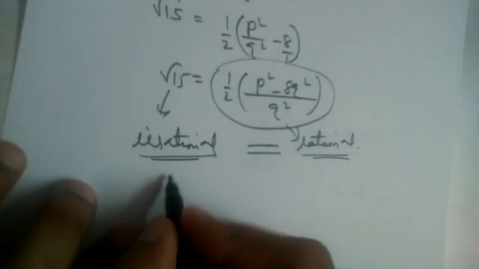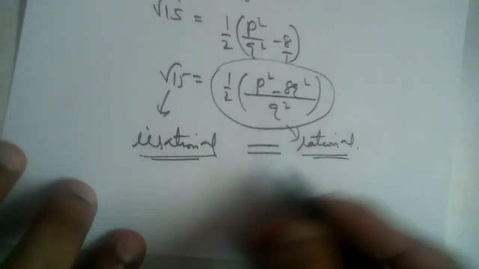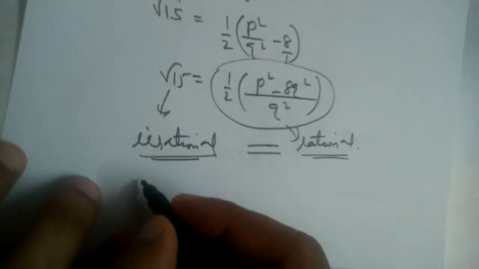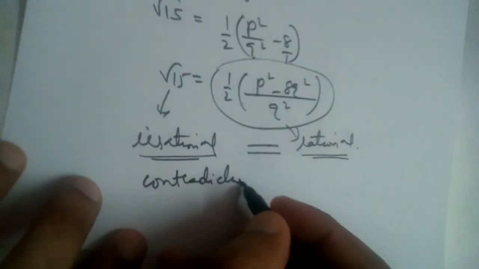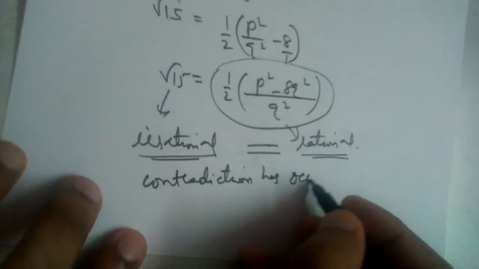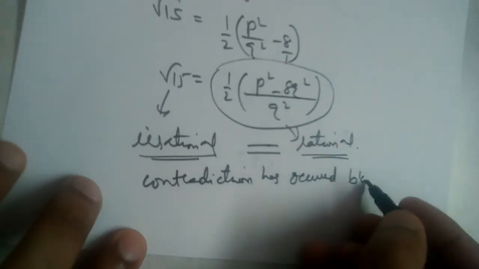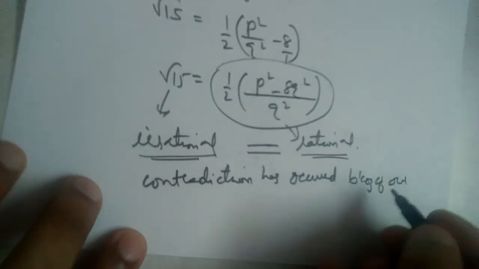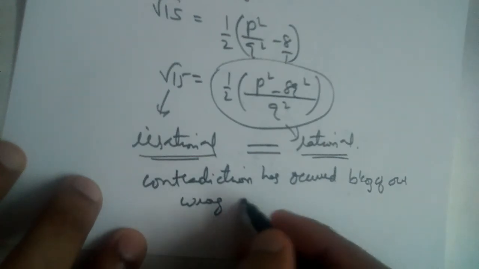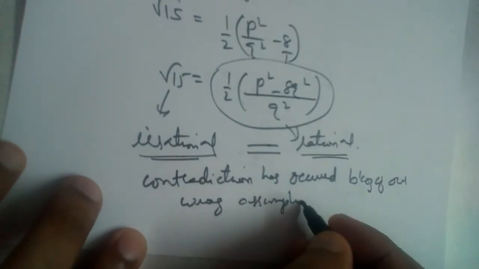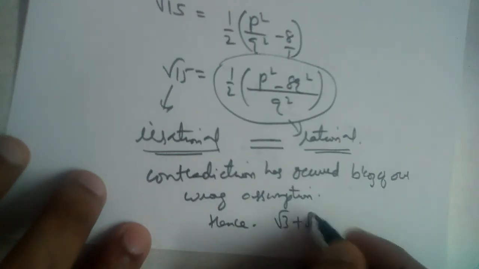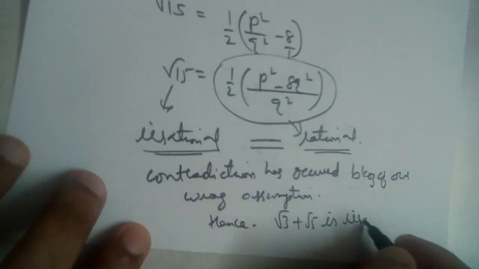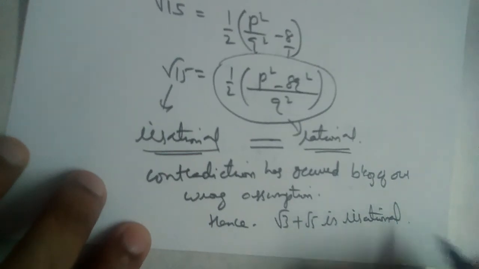Okay, a contradiction has occurred here because of a wrong assumption, right? Let us write that contradiction has occurred because of our wrong assumption. Okay, hence root 3 plus root 5 is irrational.